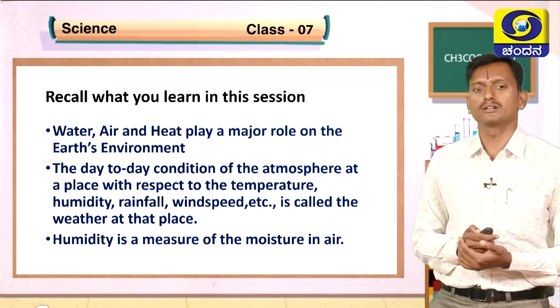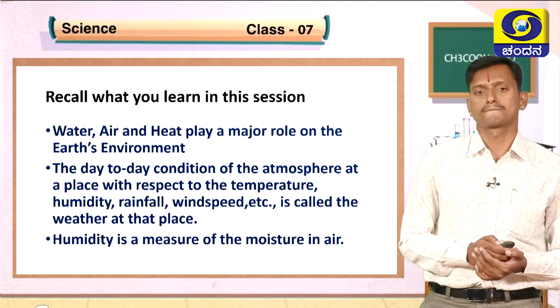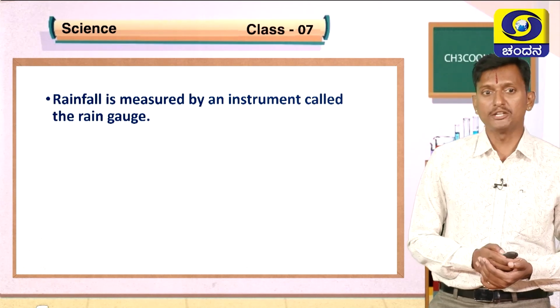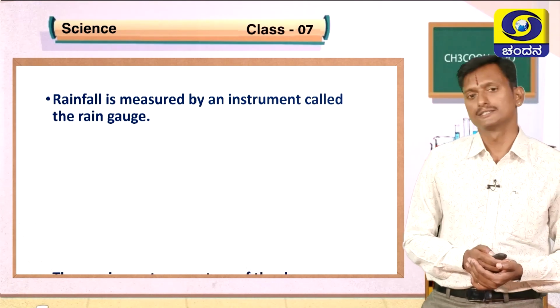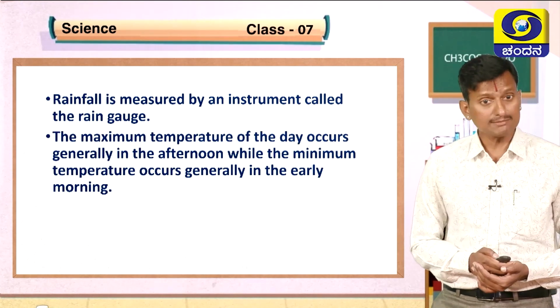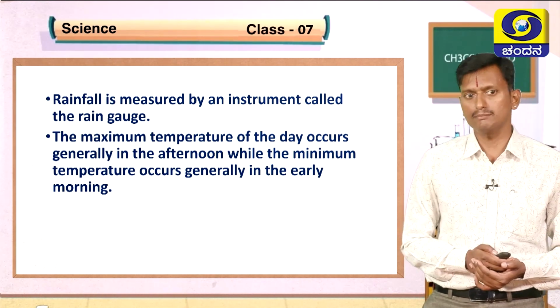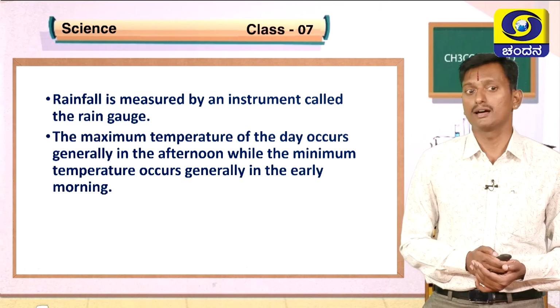Humidity is the measure of moisture in air. Rainfall is measured by an instrument called the rain gauge. The maximum temperature of the day occurs generally in the afternoon, while the minimum temperature occurs generally in the early morning.